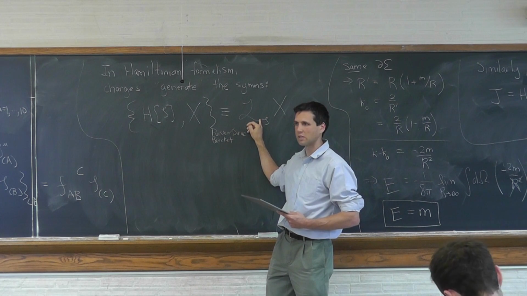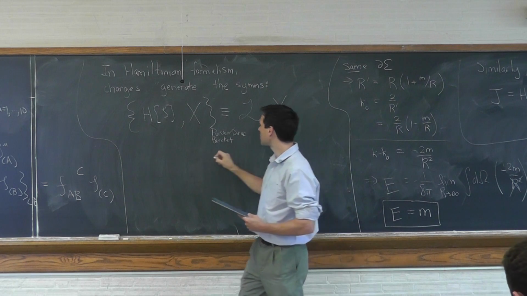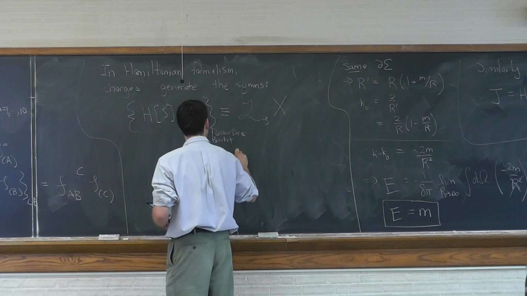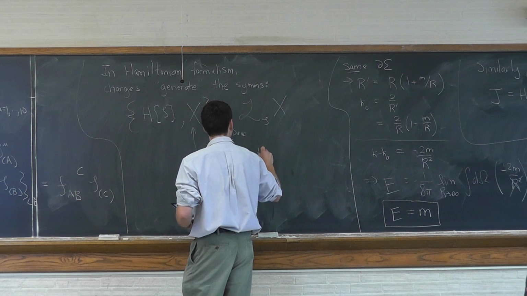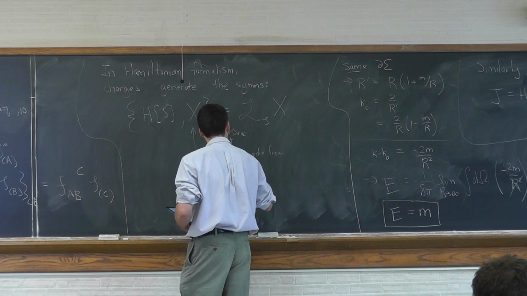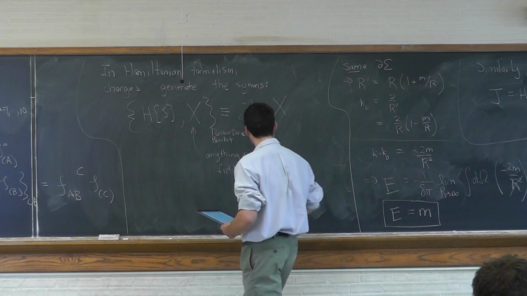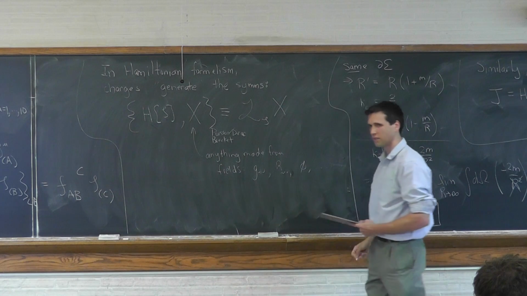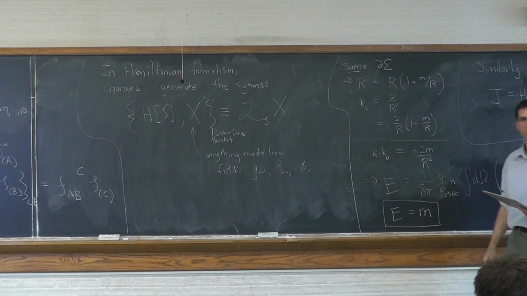So on the right-hand side is a Lie derivative. X here is anything made from fields. So it could be like the metric, or some curvature, or if there are other fields in the game, it could be some scalar field or whatever.